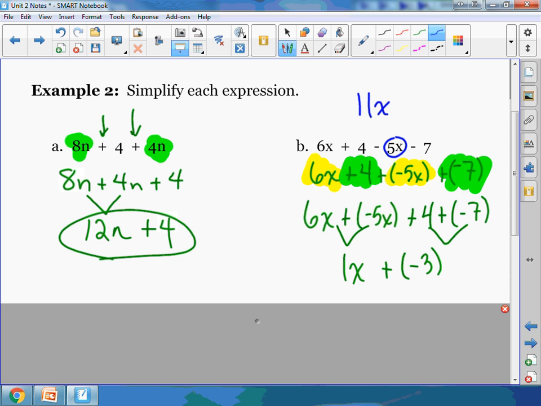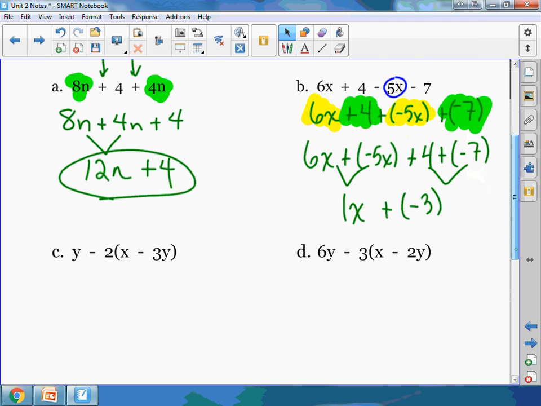You're not adding 5x. You're adding the term right after 6x, which in this case is the 4. You're subtracting 5x. But sometimes we forget that. But if you change everything to add the opposite, you don't have to worry about forgetting it. Everything's addition anyway. So I would just suggest that as we go forward here.